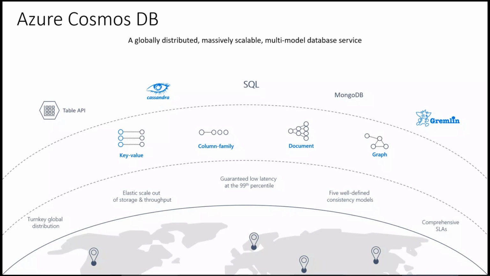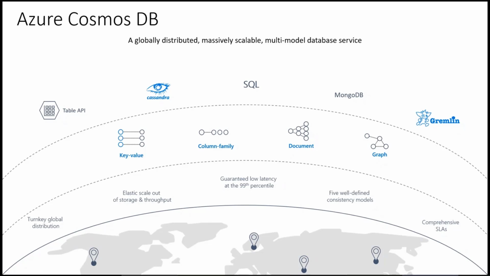Using Azure Cosmos DB, we can build databases that use a variety of different data models. We can build applications that use document data, using either the SQL or MongoDB API offering. If you're working with columnar data, Cosmos DB provides a Cassandra API.